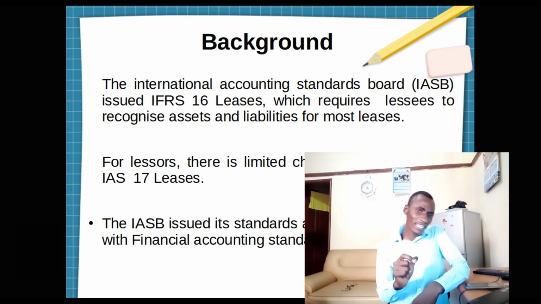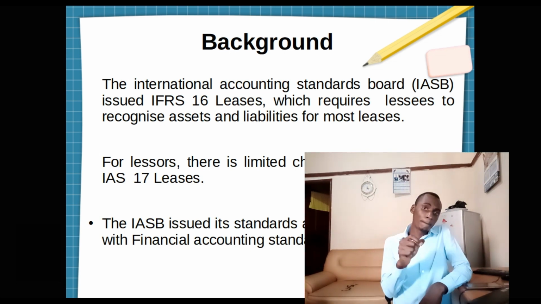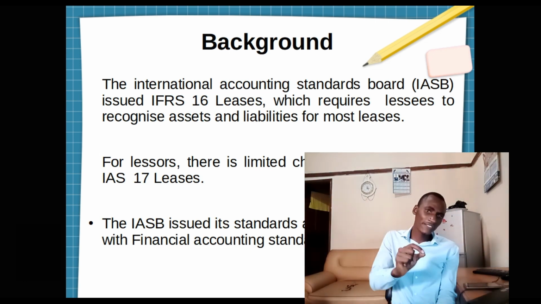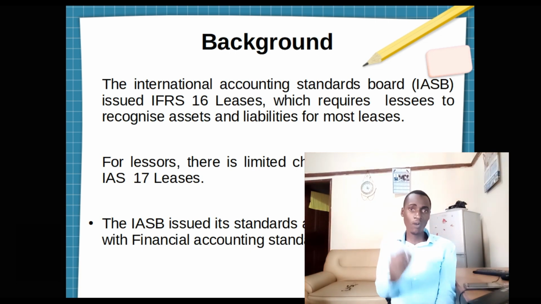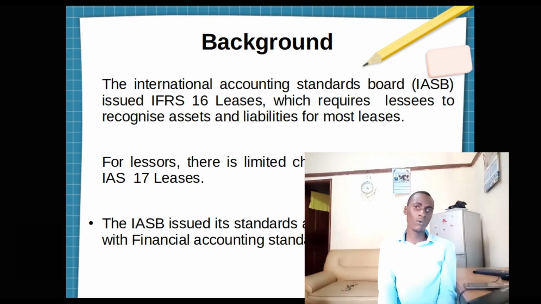Now, the old standard IAS 17 closed many loopholes. However, it was also open to manipulations and abuse. Remember, in the old standard IAS 17, it classified leases as a finance and an operating lease, meaning that either you classify the lease as a finance lease or as an operating lease.